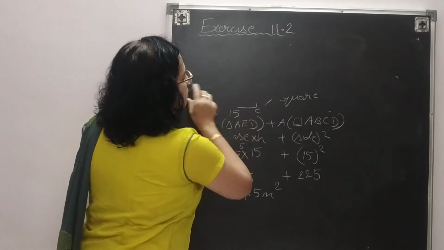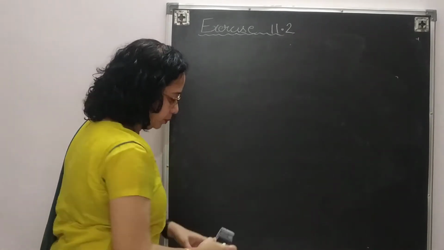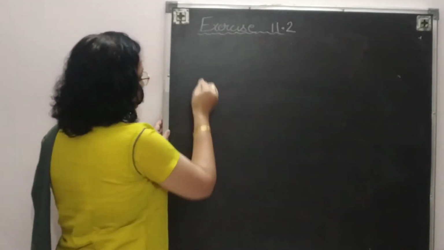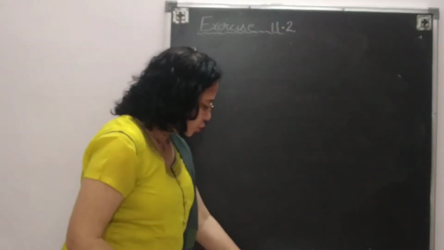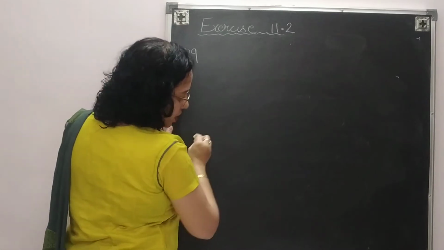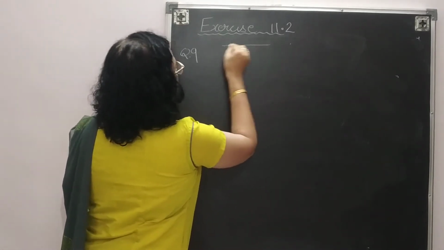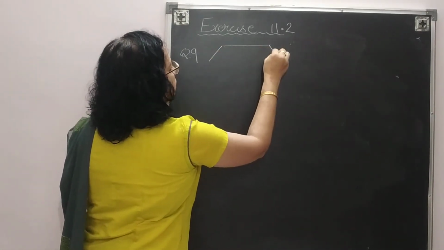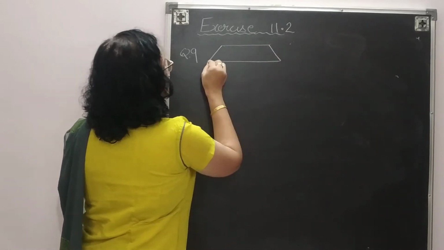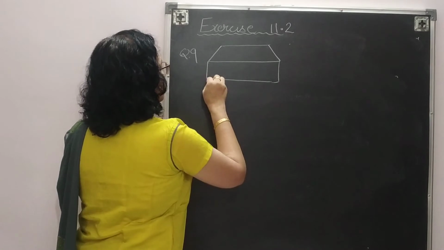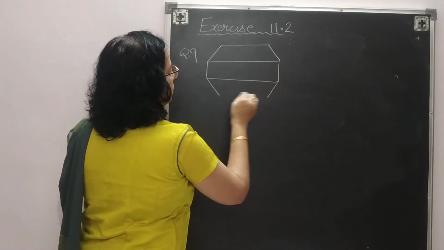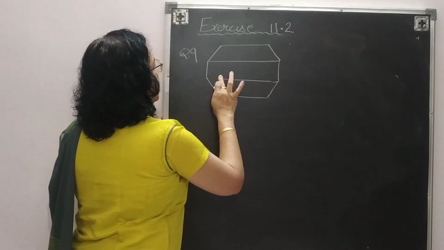Now next is question number 9. So question number 9, again one figure is given. So let me draw the figure. Till then you can read the question. Actually this line is not given.